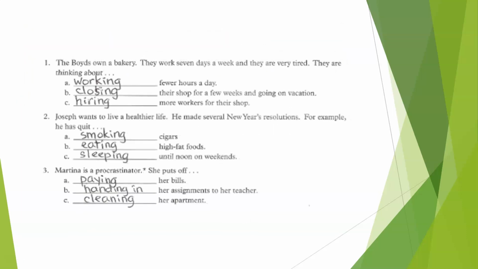So let's check your answers. Number 1, the Boyds own a bakery. They work 7 days a week and they are very tired. They are thinking about A. Working fewer hours a day, B. Closing their shop for a few weeks and going on vacation, and C. Hiring more workers for their shop.